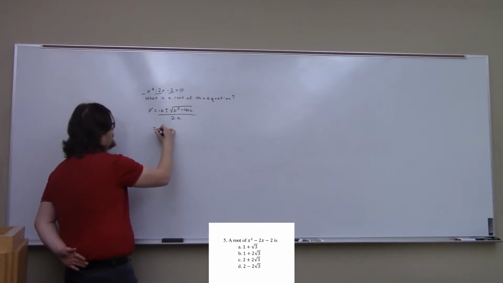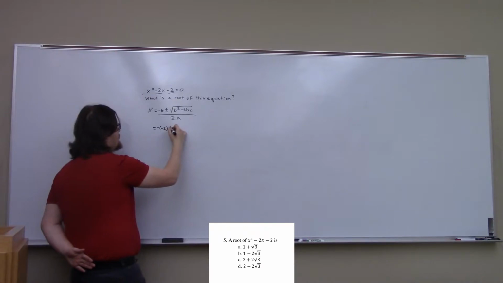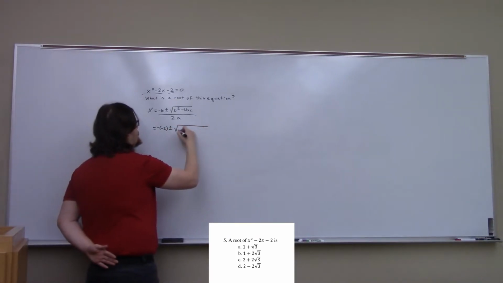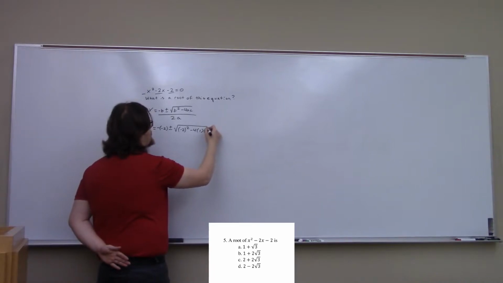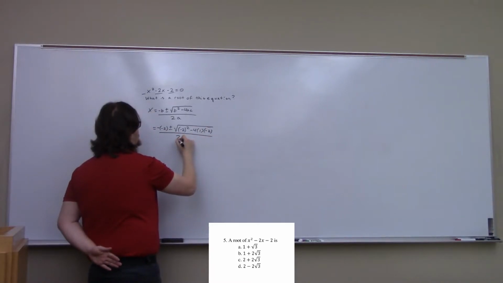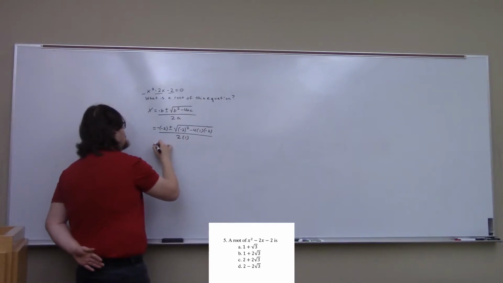If we plug these values in, we get negative b is negative 2, don't forget the negative sign, plus or minus the square root of b squared, so negative 2 squared, minus 4 times a, which is 1, and c, which is negative 2. All of that divided by 2 times a, which is 1.